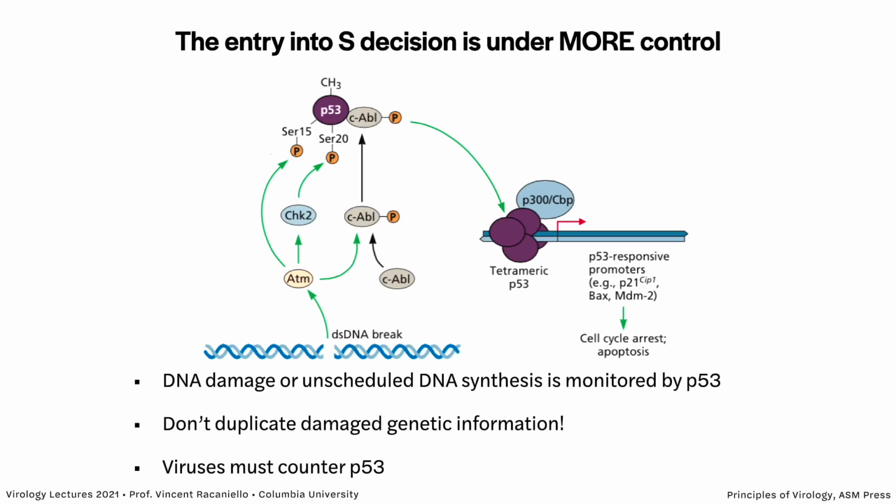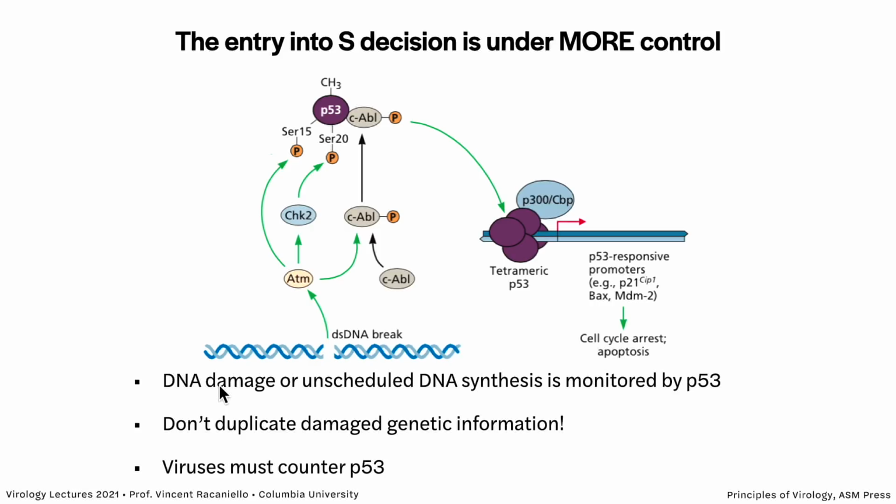There's another control of entry into S, and that's mediated by P53, the other protein that's part of this story, which was initially found to bind T antigen. So P53 monitors either damaged DNA or unscheduled DNA synthesis. What does that mean?